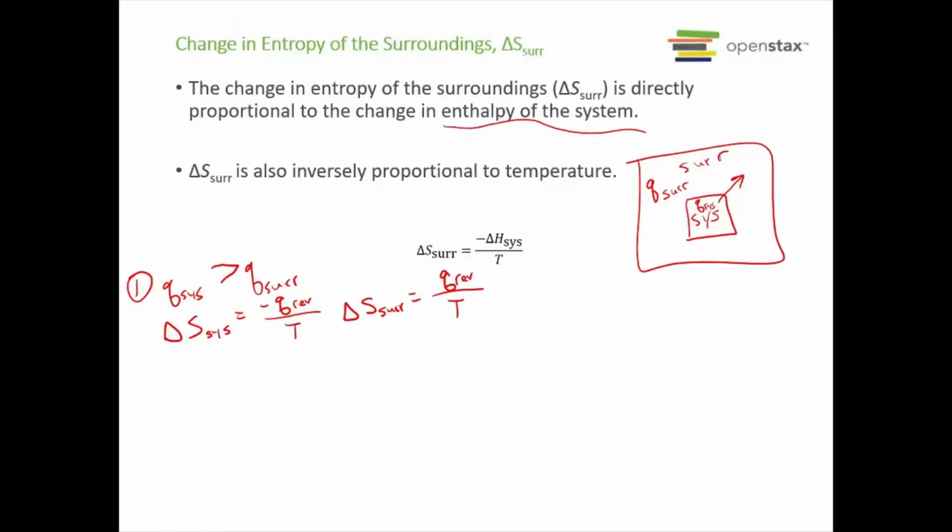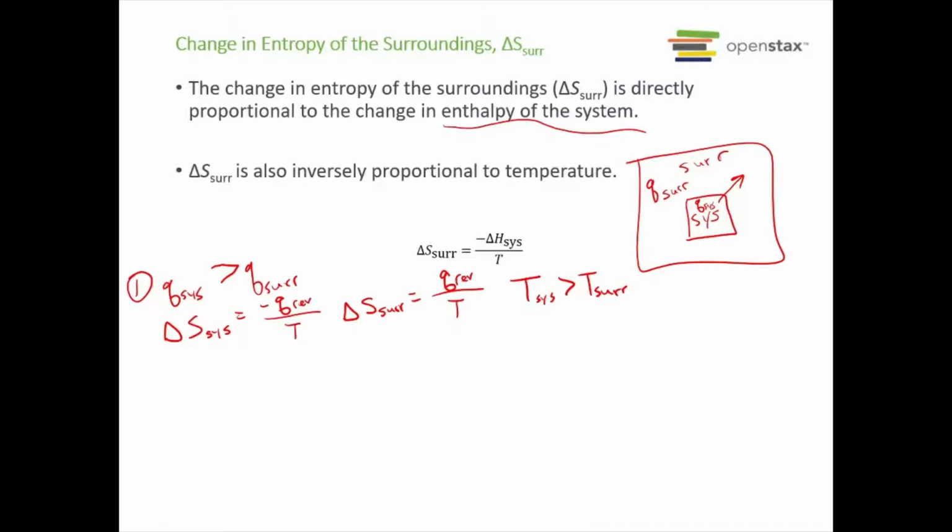Here we're saying that the temperature of our system is greater than that of our surroundings. So the entropy decrease of our system is less than the entropy increase of the surroundings.